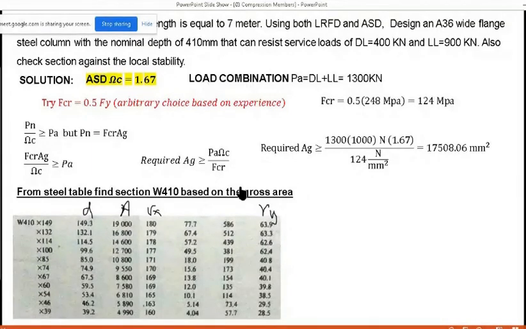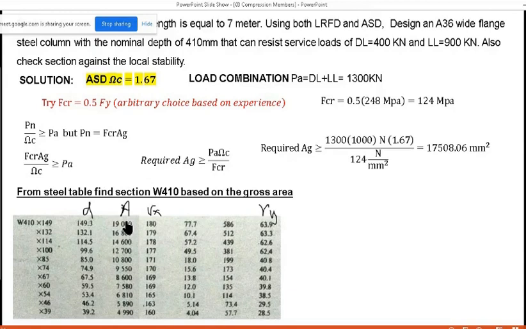Kasi itong benchmark natin dito is 17,500 and yung required area natin should be greater than this value. And yung area natin sa 132 is 16,800. So you might be asking that question. You might be correct. However, that will not be a concrete basis in determination of the most economical section.